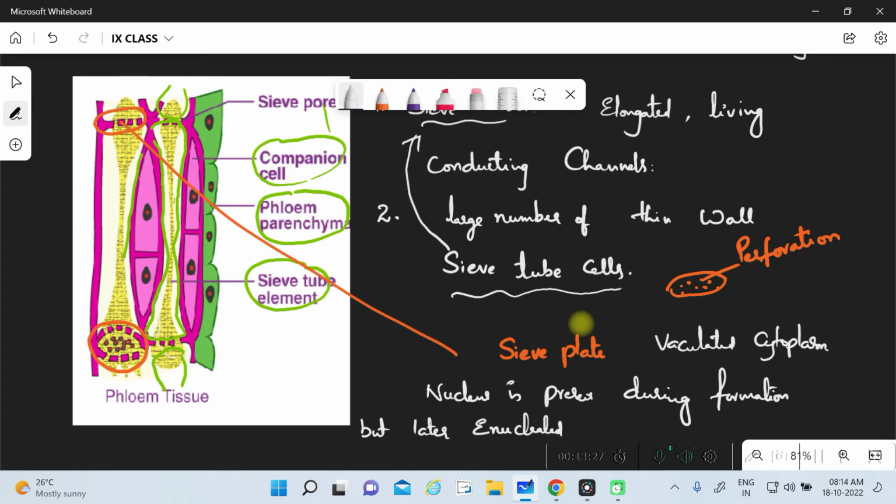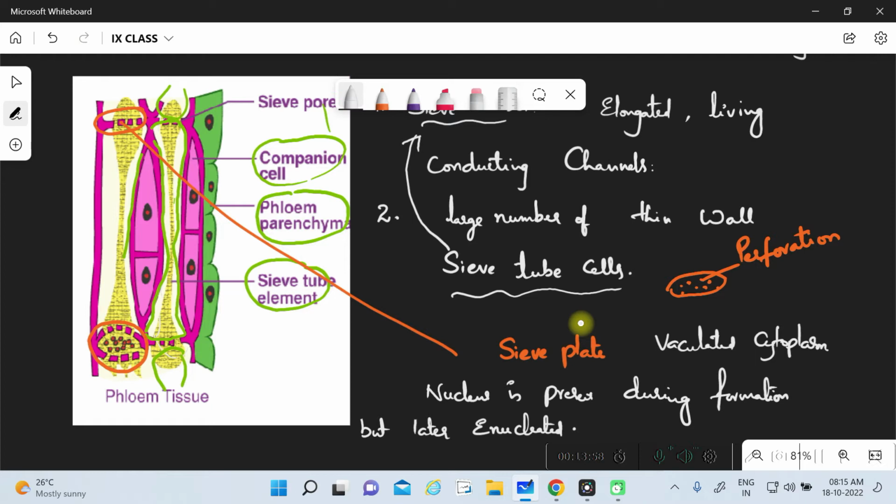This is a very important point. It means the nucleus is removed from the sieve tube cells. When the cell forms you can see a nucleus, but in this diagram there is no nucleus, because soon after the formation of the sieve tube cell the nucleus is removed. That is what we call enucleation.